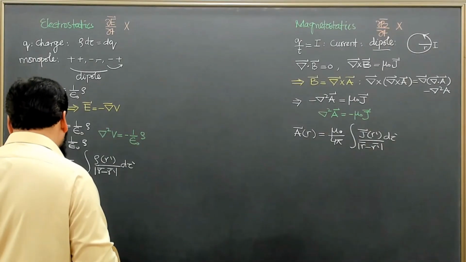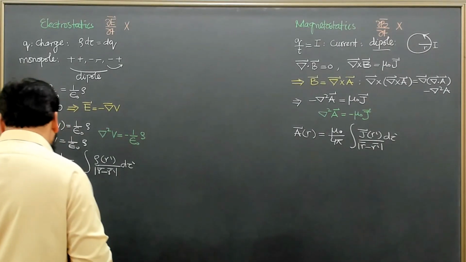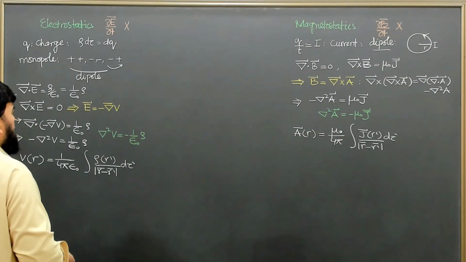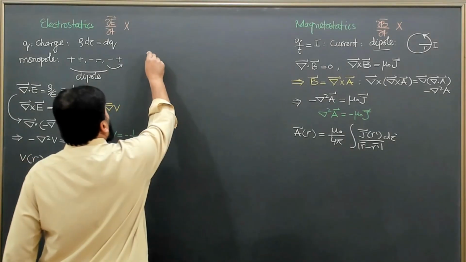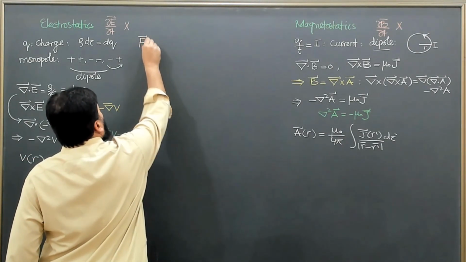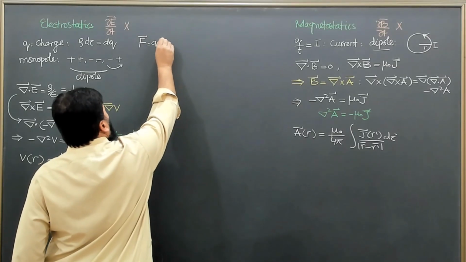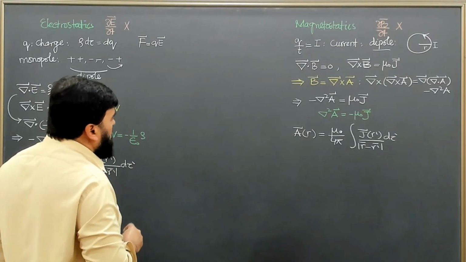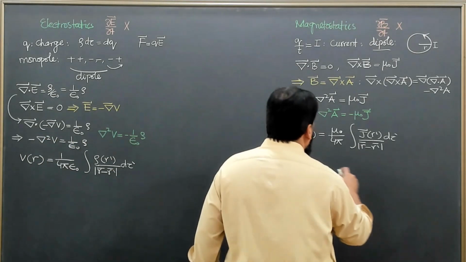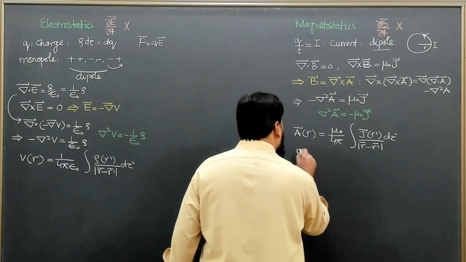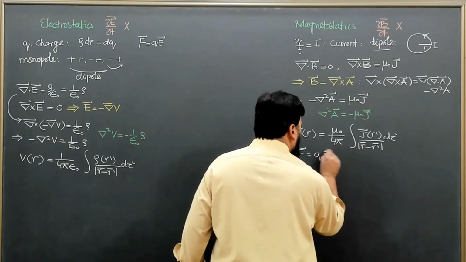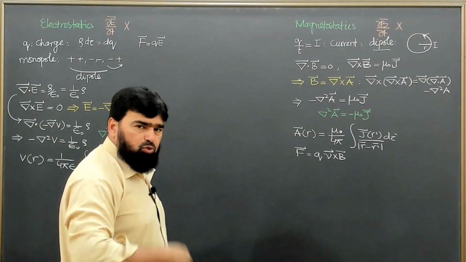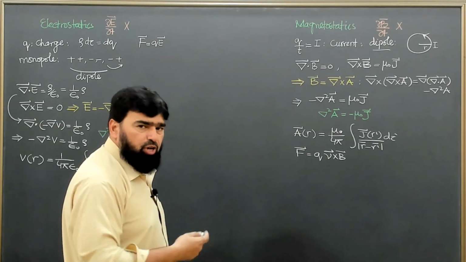The other thing that we can mention here is the force. For electrostatics, the force is equal to charge times the electric field. And the force here I can write as Q V cross B. It's a curling force, a cross product, meaning a rotating force.